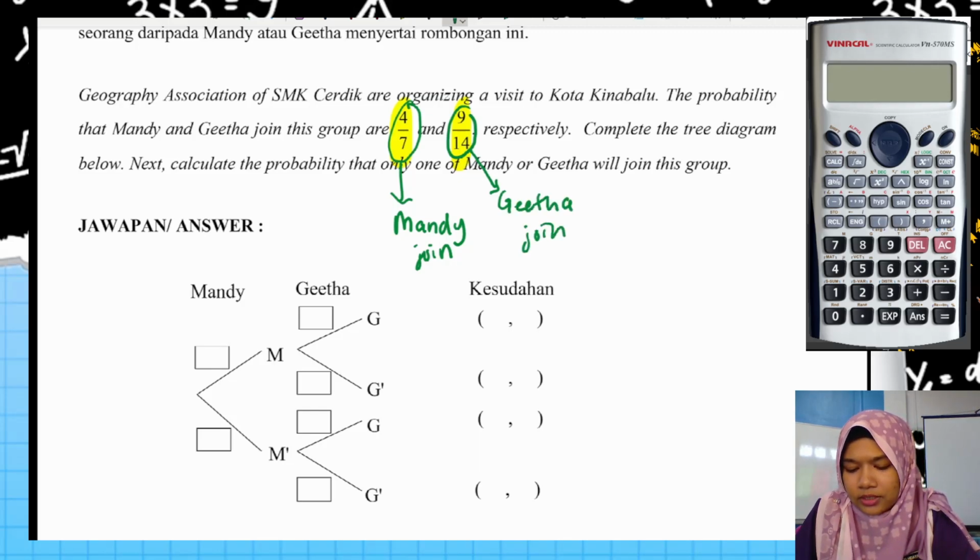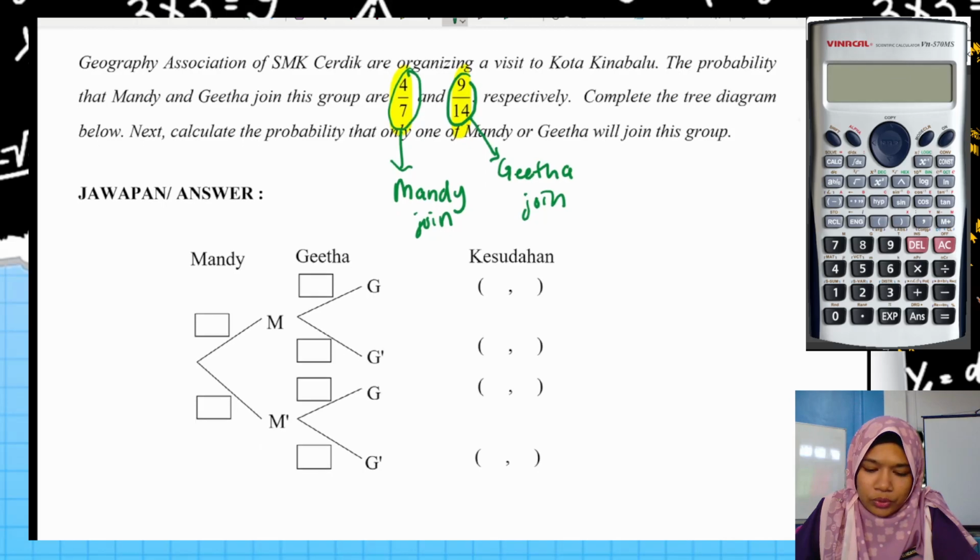Okay, right. So, probability Mandy not join is 3 over 7. Okay, the complement. You learn the simple probability, you learn about complement, is it? Okay, so probability Mandy will not join is 3 over 7. Probability Gita not join is 5 over 14. Alright. Okay, the question, complete the tree diagram below.